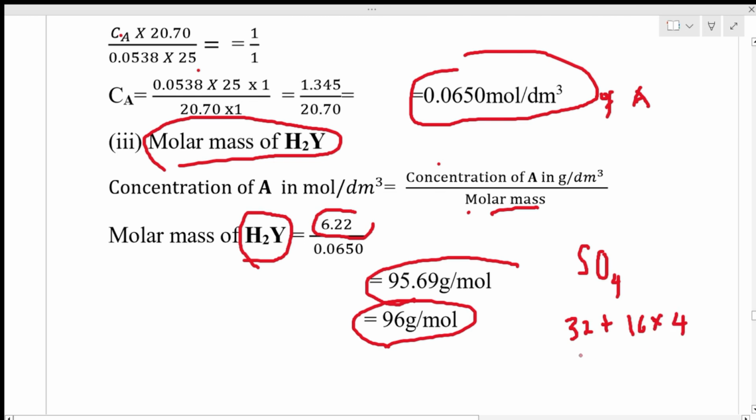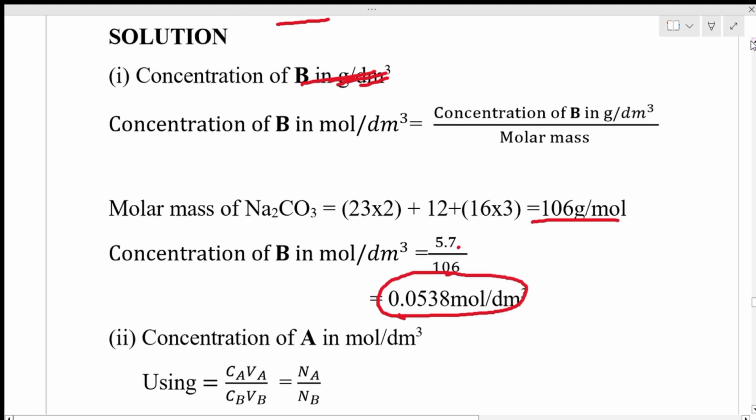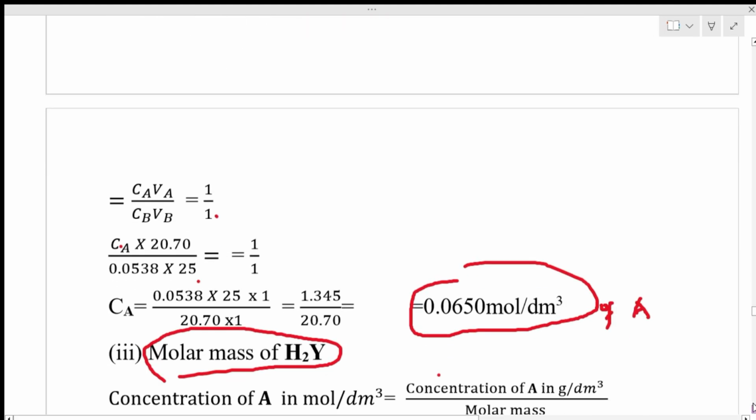So you have 32 plus 64, which gives us exactly 96. Can you see that this question is making sense? When you add the hydrogen given there, it makes 98, which is the molar mass of the acid given, because the acid given is H2SO4.